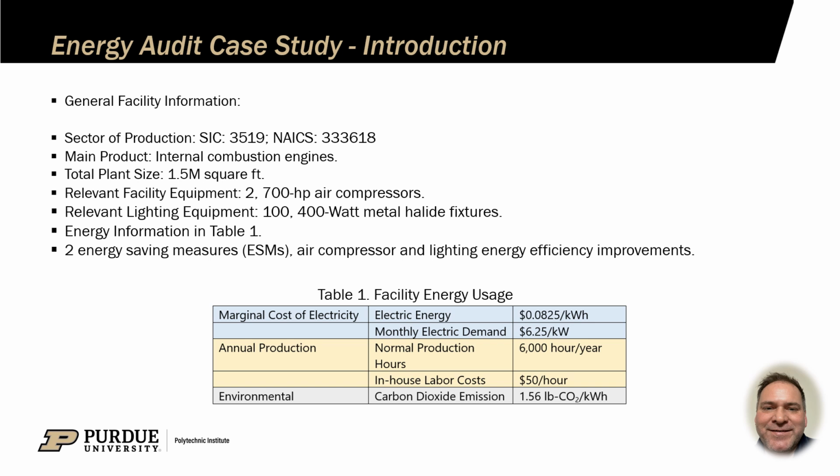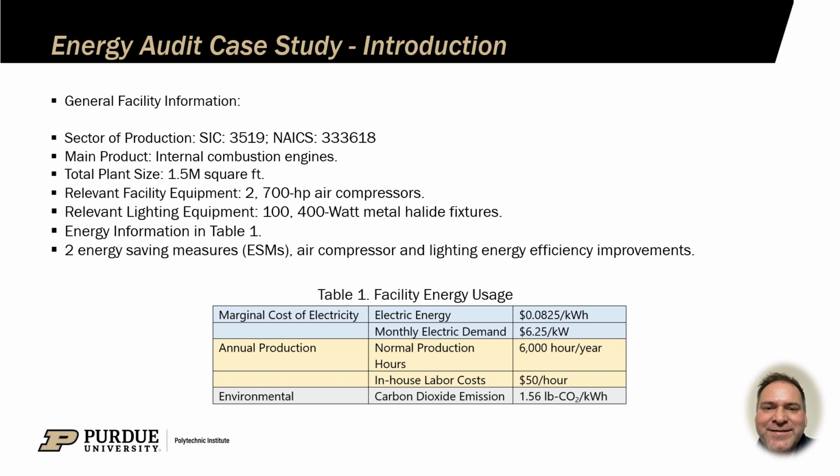Normal production hours are 6,000 hours per year. In-house labor costs $50 per hour, and there is also an estimate on carbon dioxide emissions given as 1.56 pounds of carbon dioxide per kilowatt hour. The effort in this presentation is to identify ways to save energy and also to reduce emissions.